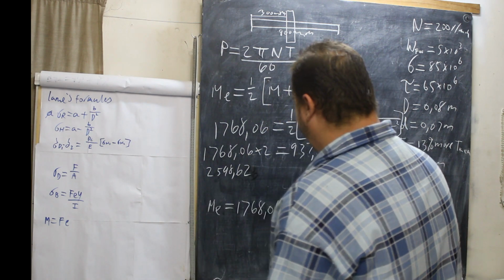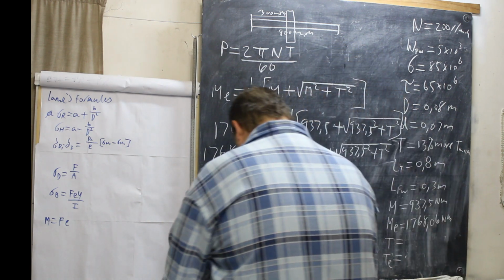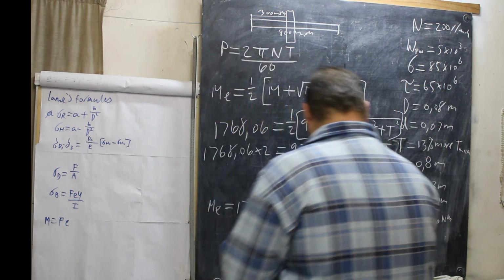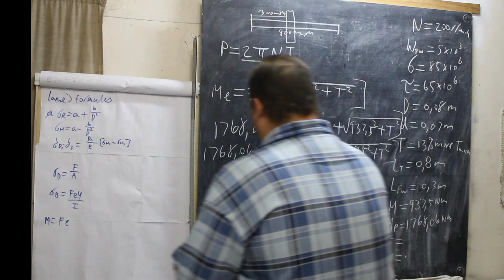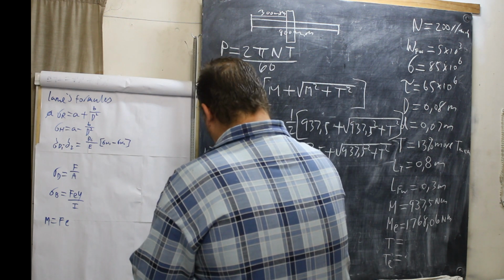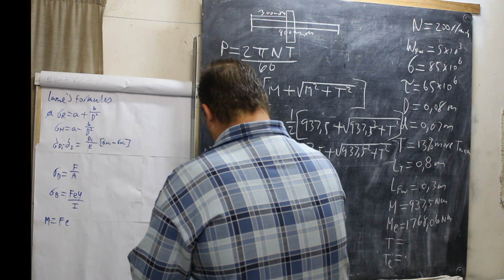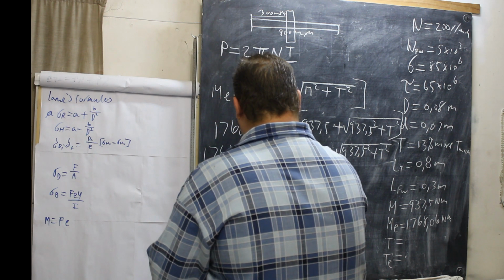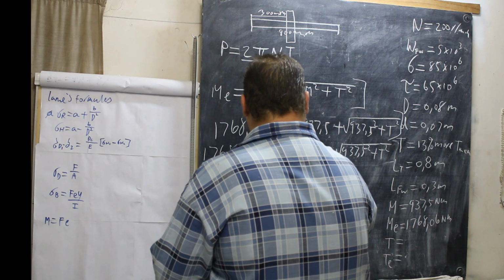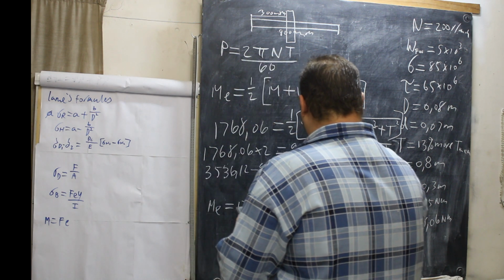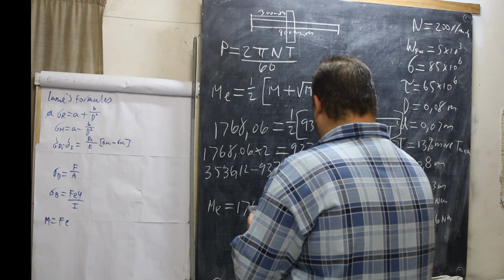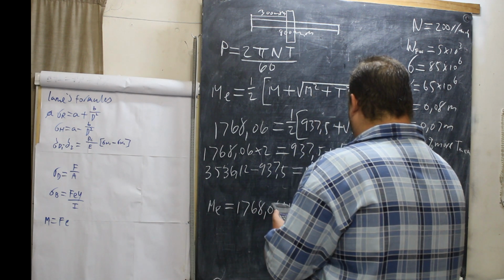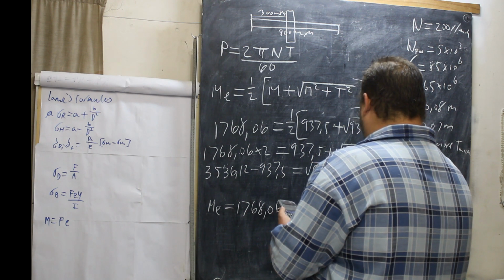Okay, what I've done here, let me just get this quickly. The actual answer is 3536,12 minus 937,5 equals the root of 937,5 squared plus t squared.